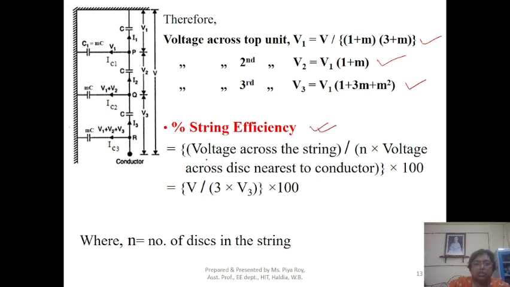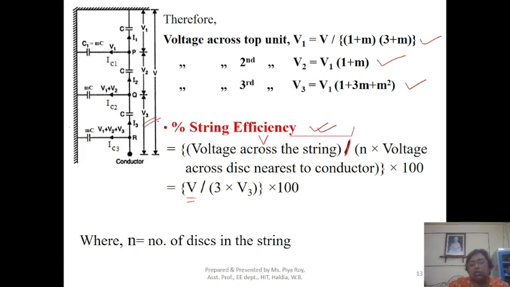String efficiency is the voltage across the string, which is V, divided by n into the voltage across the disc nearest to the conductor, where n is the number of discs, which is 3.